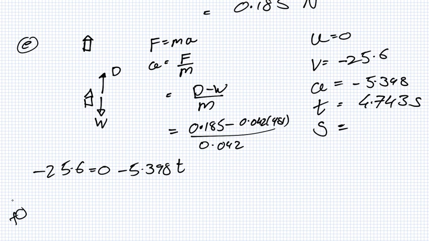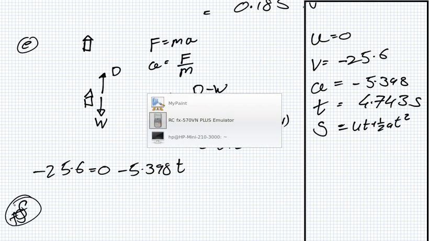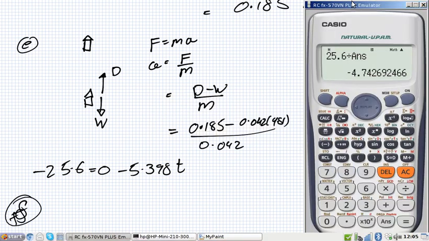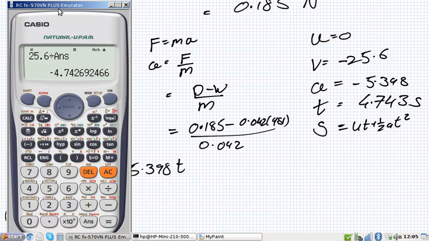And then lastly, what was the time of flight? So we need to get the time now. The bullet hasn't reached the ground yet. In fact, I should work out how far it has travelled in the previous part. So that's s equals ut plus a half at squared. u is 0.